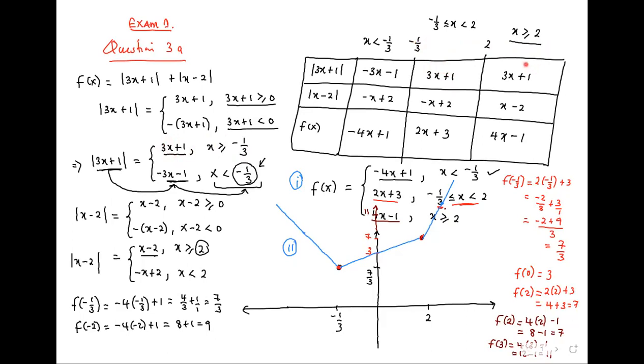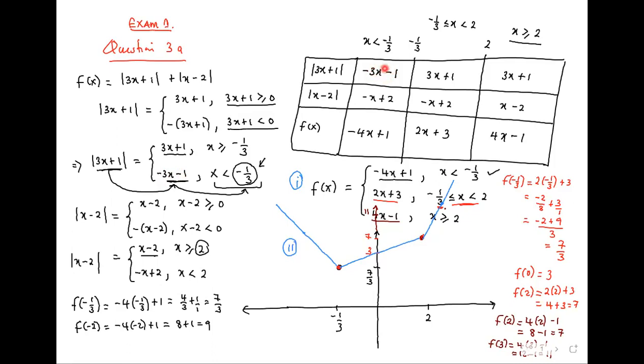That's why we have 3x plus 1 here, whenever x is greater or equal to negative 1 over 3. But when x is less than negative 1 over 3, this function has been defined as negative 3x minus 1, which is what we have here.